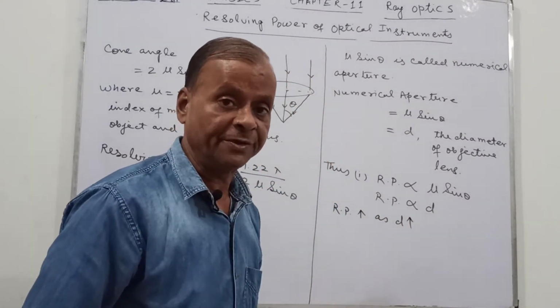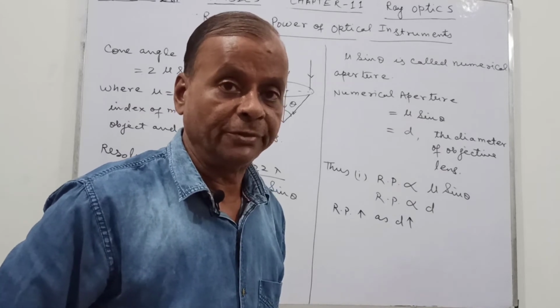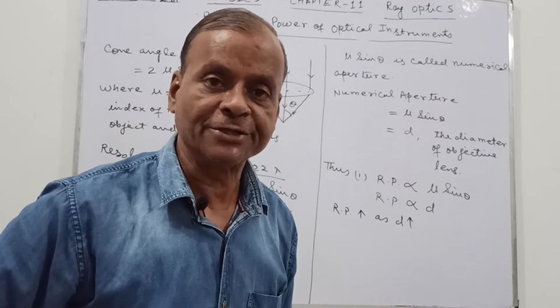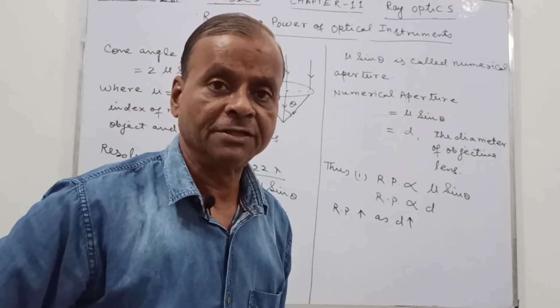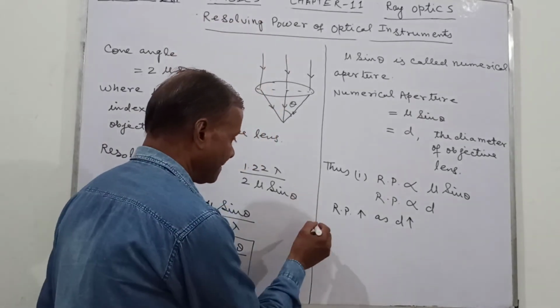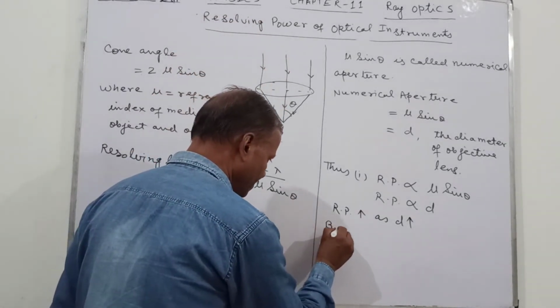But increasing the diameter is not good, because then this will no more be a microscope, it will become a telescope. So we cannot increase the diameter of the objective lens.